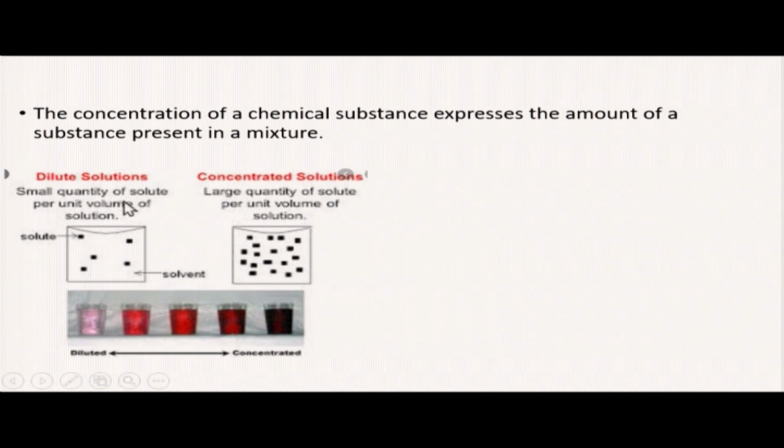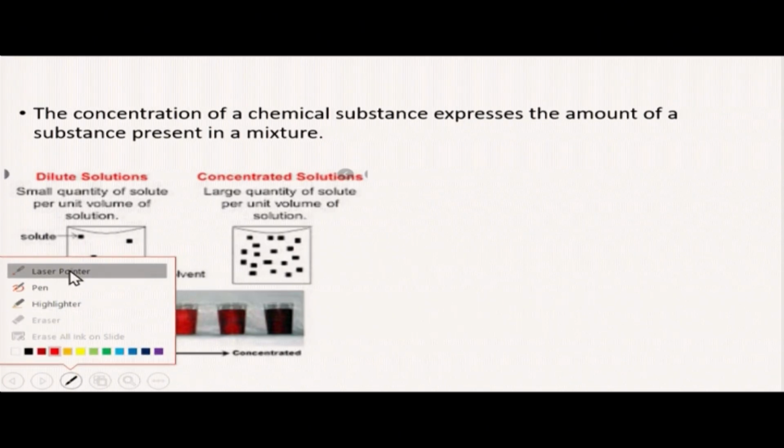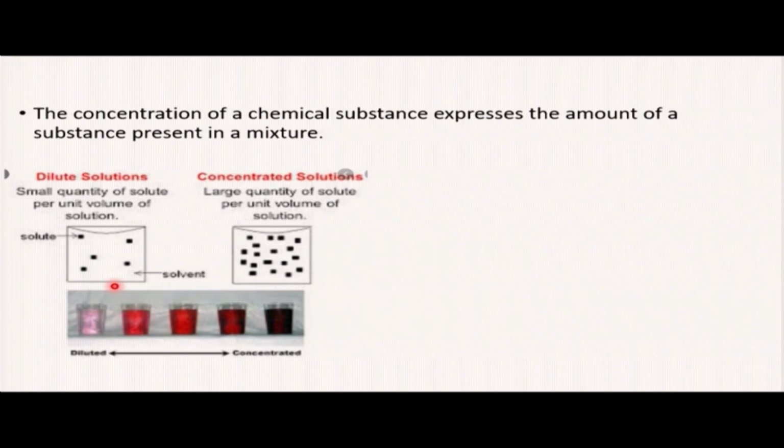Just take a look at this one. So you have a small quantity of the solute per unit volume. That means you have this big cup, and then you add maybe a quarter of a tablespoon of sugar. That is very little. You have small particles.